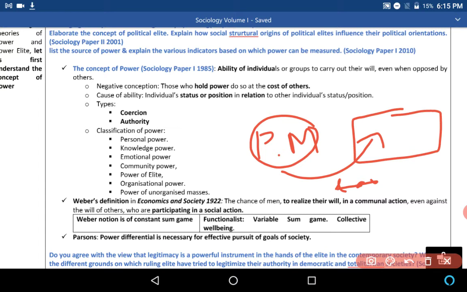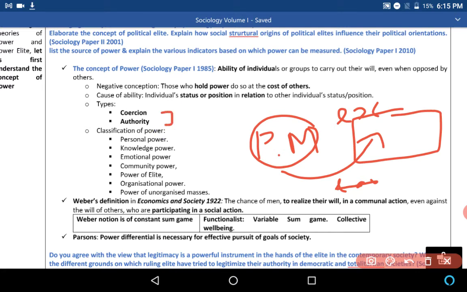Though you should not always look at it as a negative dimension, because you can have a kind of expansive power. I'll tell you what expansive power means, but you need not associate a negative conception with power right now. First of all, you should know the difference between coercion and authority.